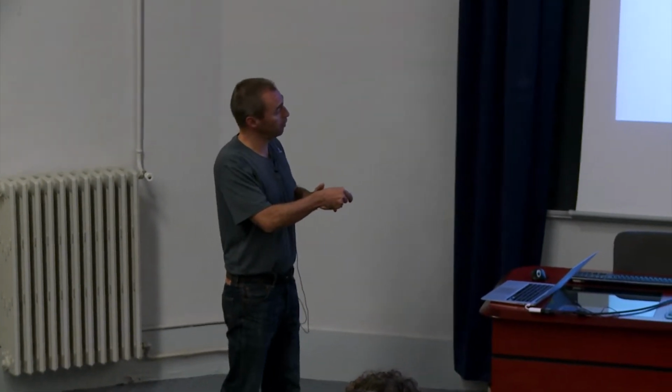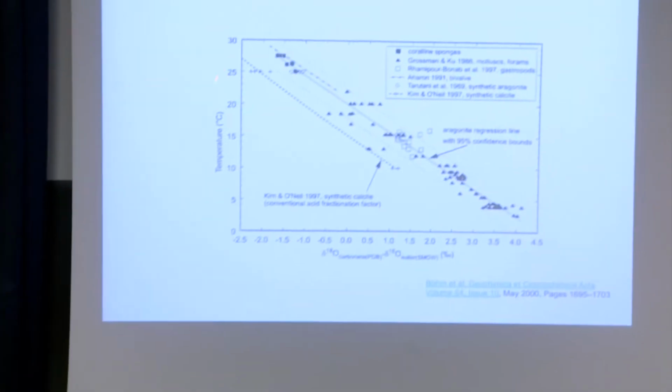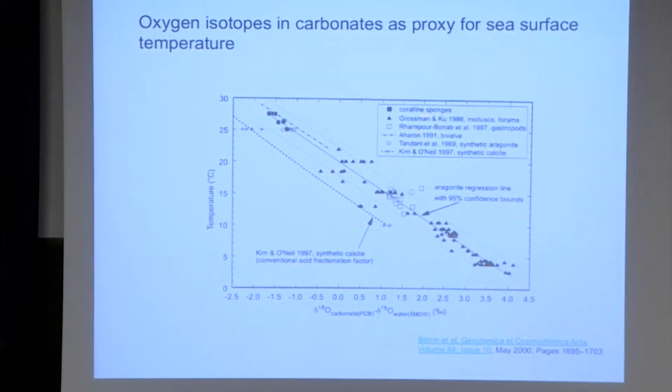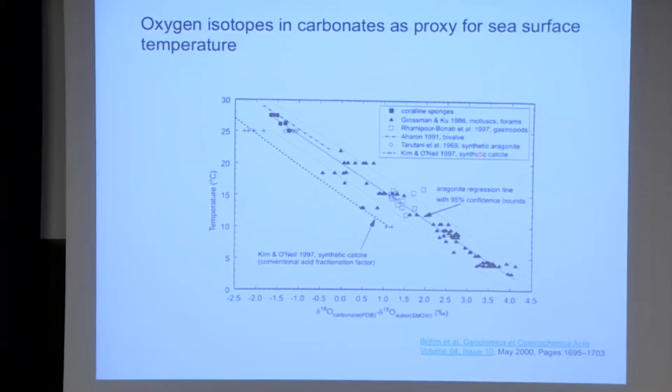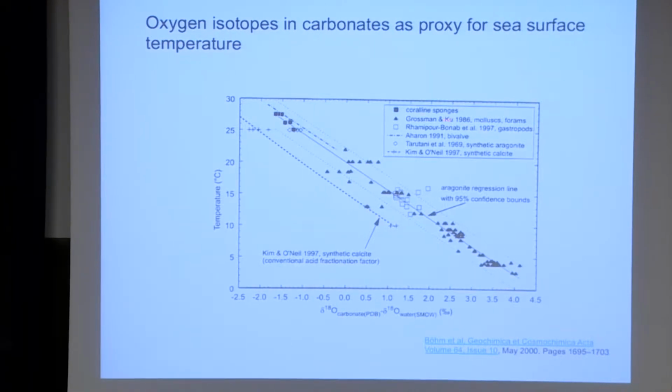What you have here is a graph with the temperature of the seawater, different organisms that live in the water, and the difference in the isotopic composition between the water, SMOW, standard mean ocean water, that's the oxygen isotopic composition of the water, and that of the carbonate formed by these organisms.